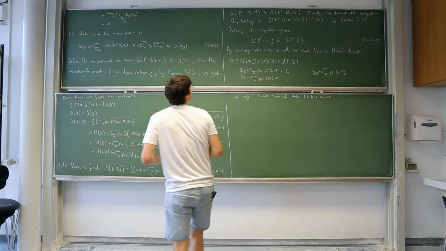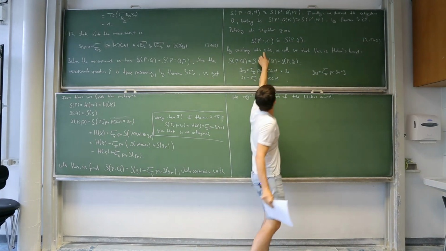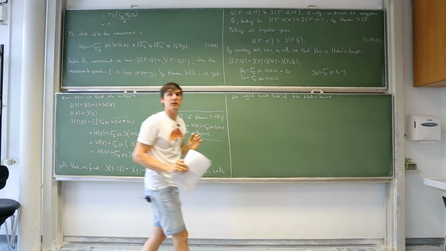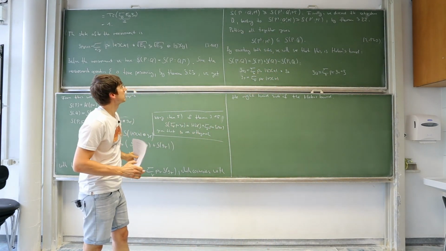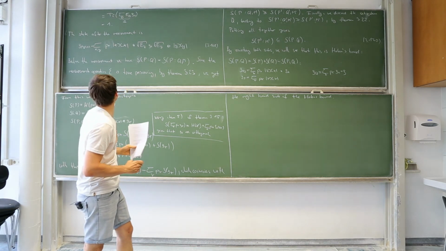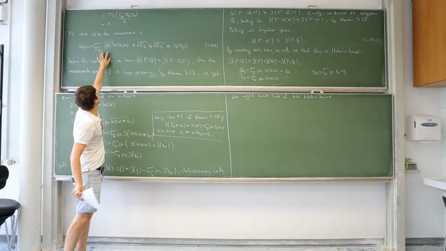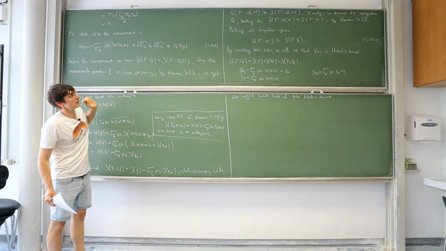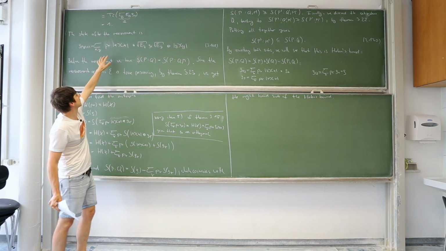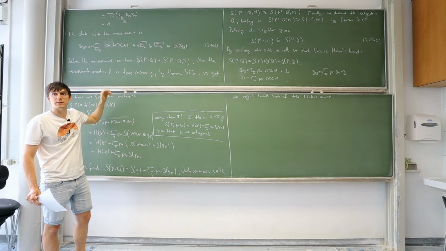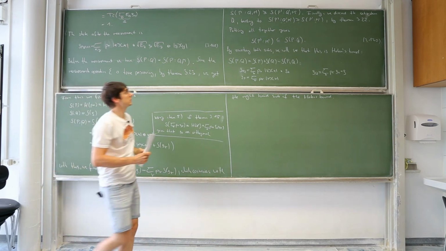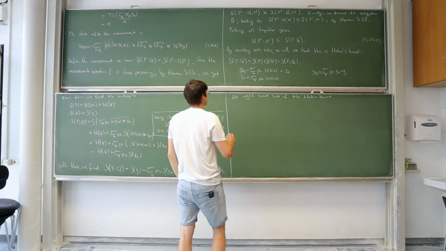So next, what we consider is now here the left-hand side, right? And we continue similarly as before. So first we use the definition, take a look at the state, trace out all these subsystems, and then find the respective von Neumann entropies.